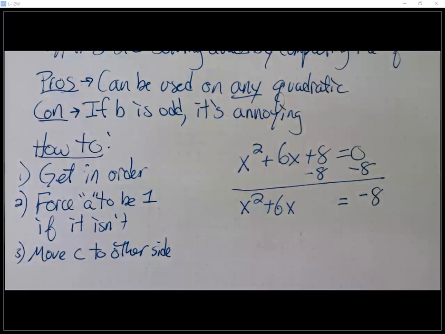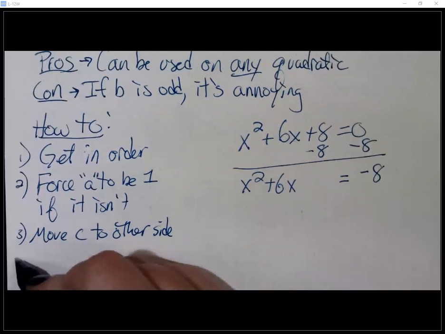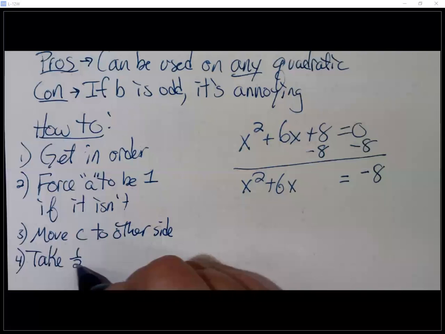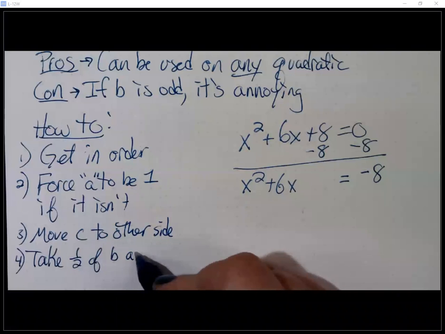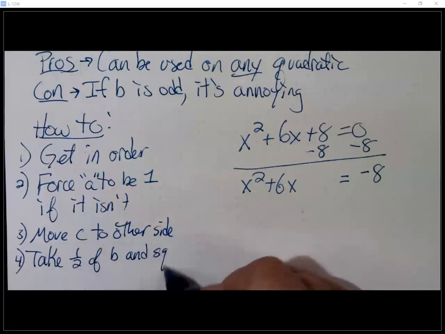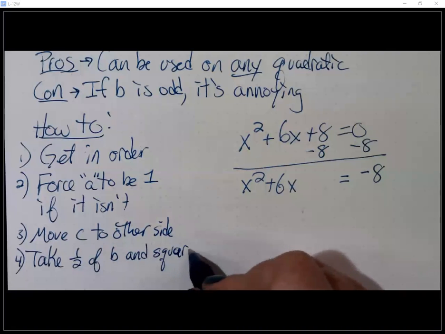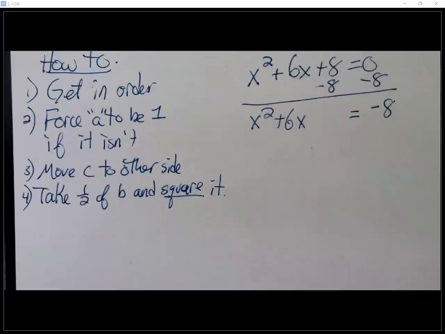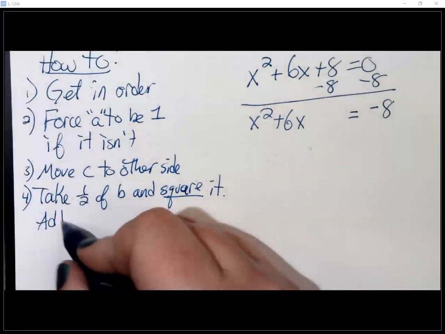Yes, you take half of B and then you square it. Okay, so in step 4, we are going to take 1/2 of B and square it. Add that number to both sides. You're going to add it.